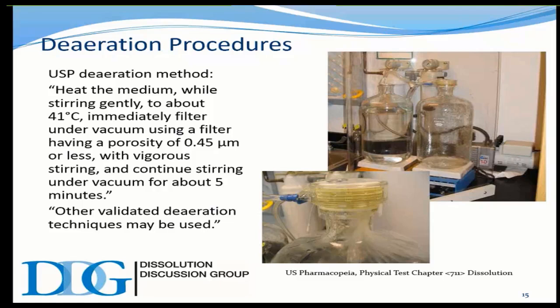I don't know if you can see very well with that picture, but the media itself is bubbling just as it comes through because it is stripping the air out very effectively. So with this technique and then continuing vacuum about 5 minutes, it's extremely effective at lowering dissolved gases somewhere between the 3 part per million and 5 part per million range, which is extremely effective. And again, if you want to validate a technique, it's best to do it against this technique for assurance.